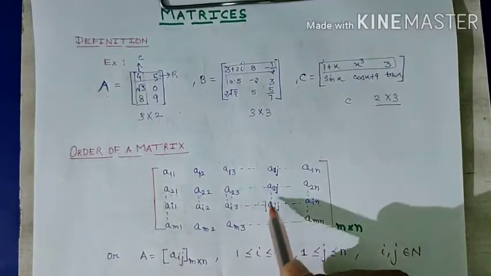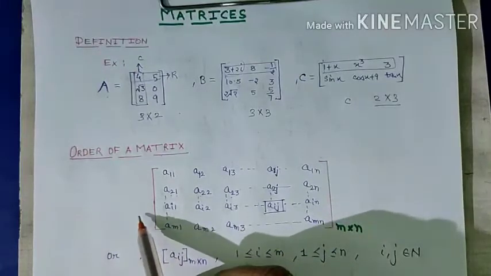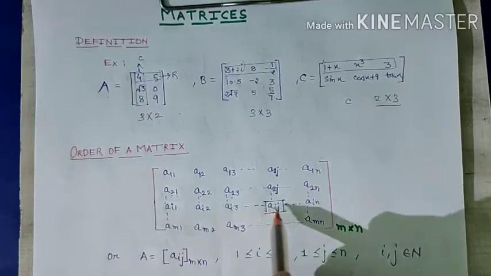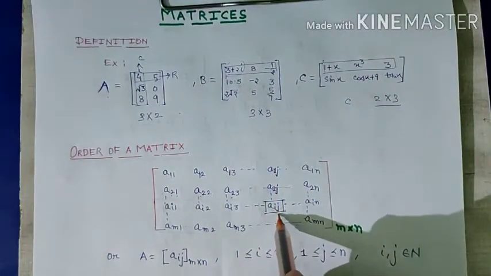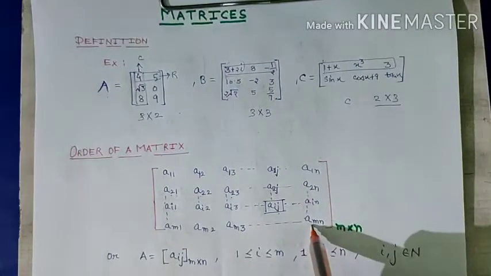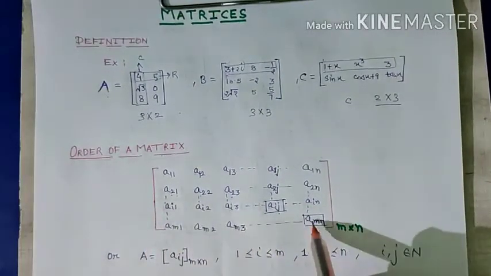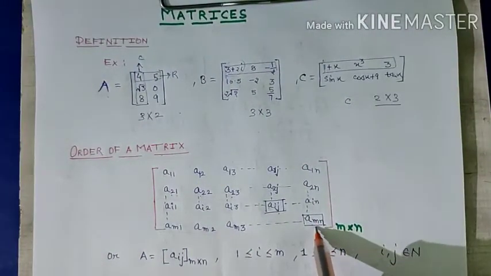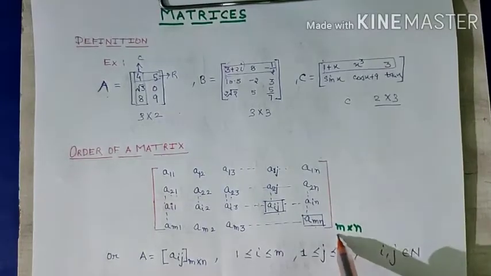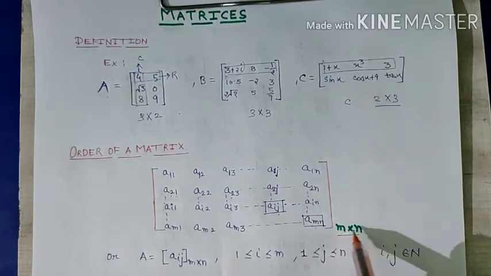Similarly, this element Aij represents the ith row and jth column element, and Amn, the last element, represents the mth row and nth column. That's why we say this is an m by n matrix. The order of this matrix is m by n.